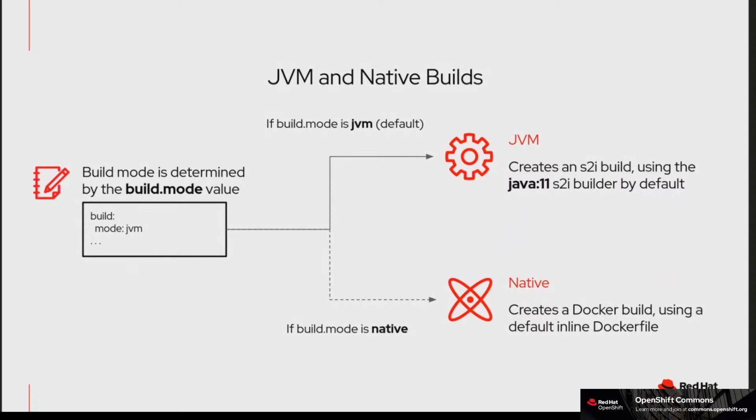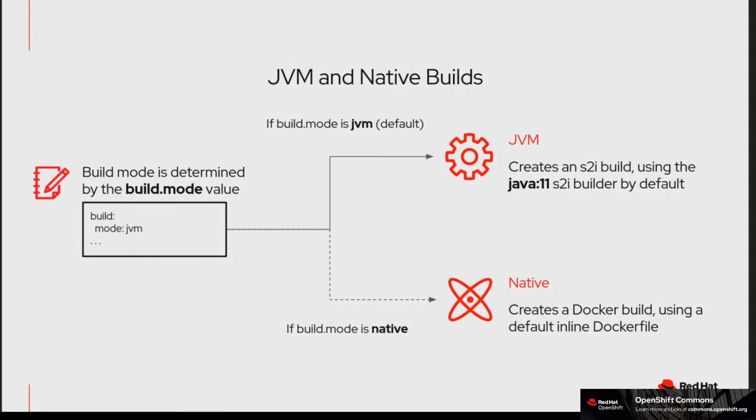So now I'm going to go over some of the high-level features of this Quarkus chart, and then my friend Andy is actually going to show you some of these features and how they actually work in a live demo. So as I mentioned at the beginning, there's a couple of different ways you can build and run a Quarkus app. There's JVM mode and there's native mode. Well, in the Helm chart, we abstract a lot of this complexity with a single value. It's called build.mode.